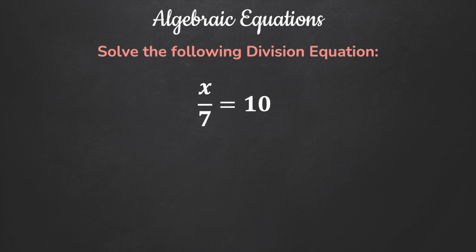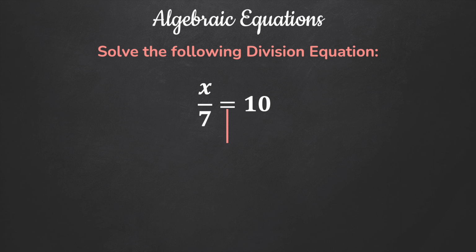Here we have a division equation, which is x divided by 7 is equal to 10. Our goal is to figure out what number divided by 7 is equal to 10. And in order to do that, we want to get x by itself so we can figure out what that value is. So what we're going to do is draw a line straight down from our equal sign so we can easily see both sides of our equation.